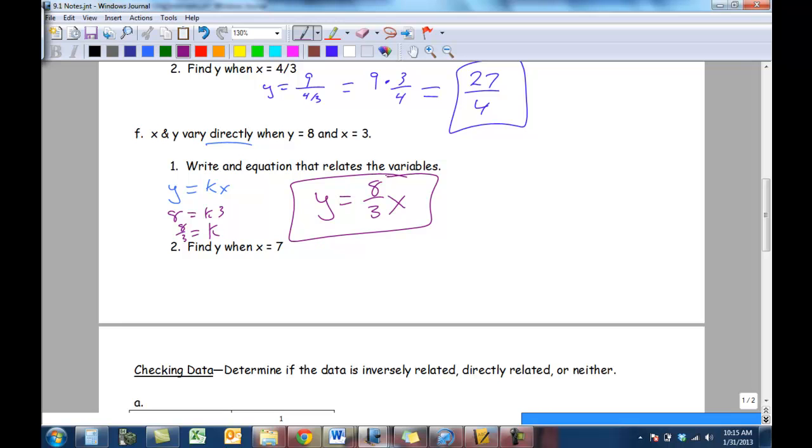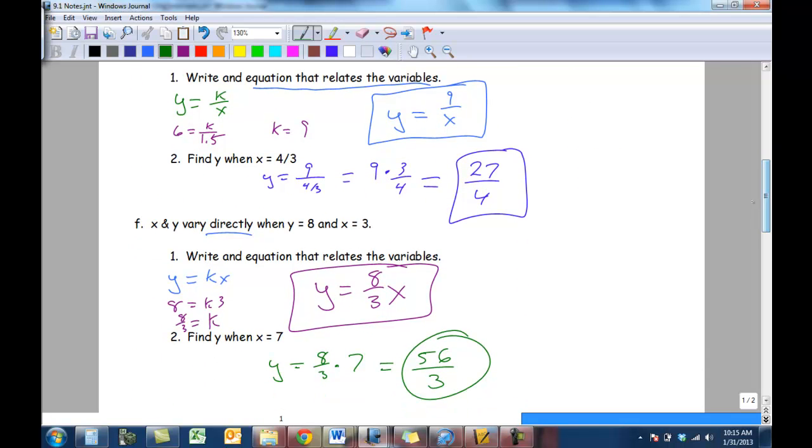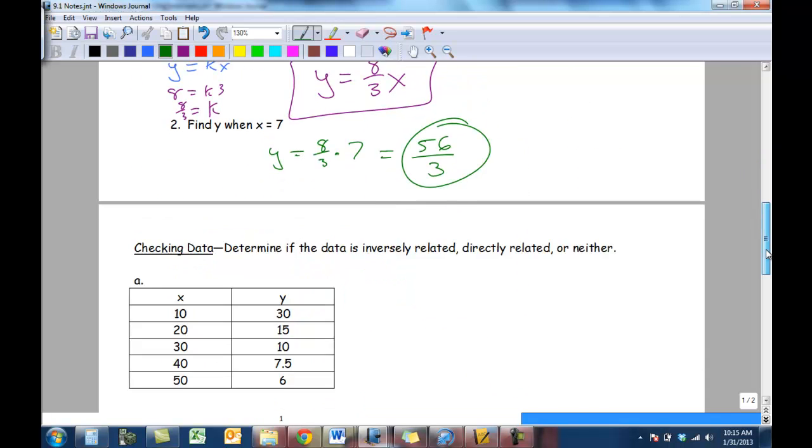So your model is y is equal to 8/3 x. All right, so find y when x is 7. Y equals 8/3 times 7, which is 56/3. Right? So this is a review of stuff. We've seen this before. The only thing is we have a new thing, inverse. Y is equal to k divided by x.